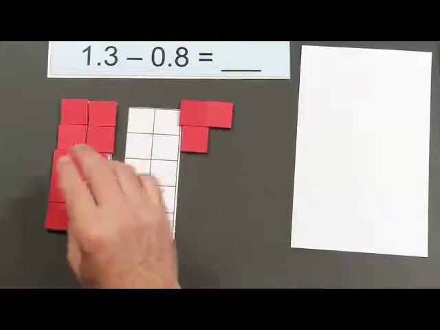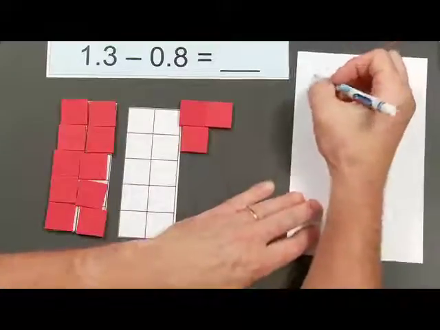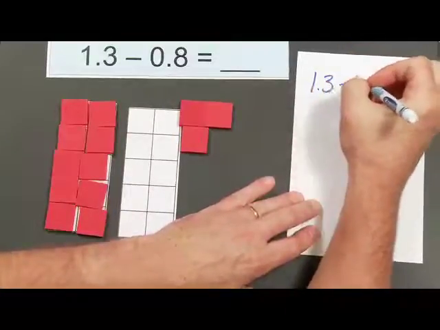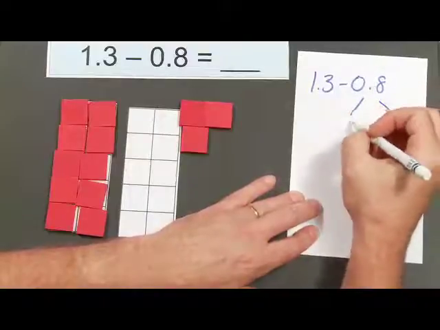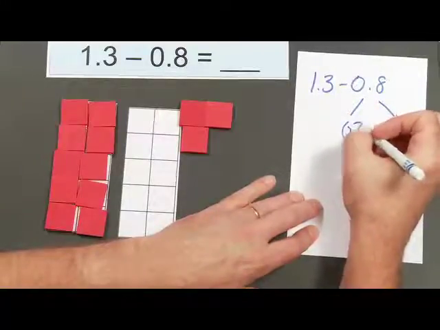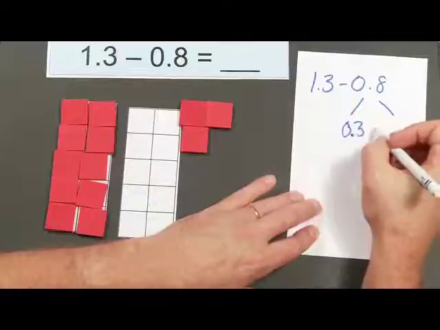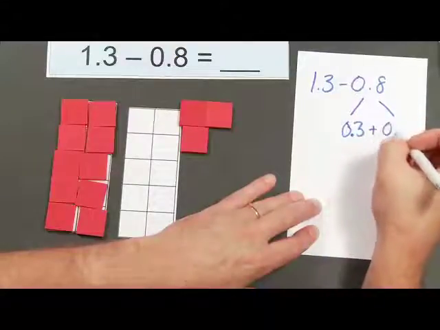And then how many more? What's really happening? I'm actually thinking about this, partitioning this 8/10 into 3/10 and 5/10.